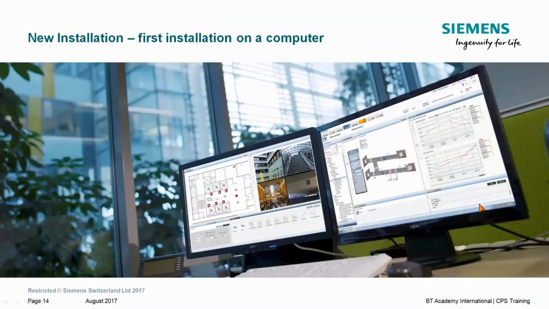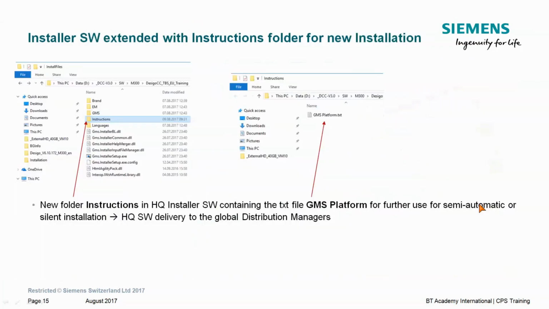So we are coming now to the new installation. This means first installation on a computer. One of the enhancements in version 3.0 in the installer package is we added a new folder, the instructions folder, and this instructions folder includes a default GMS platform text file.